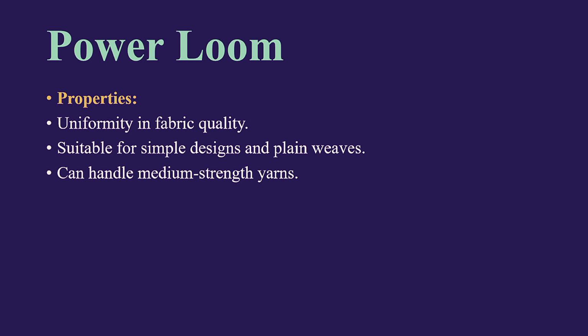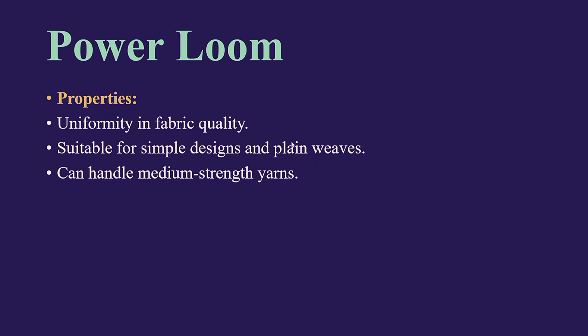Properties: when we discuss the properties, uniformity in fabric quality is the prime property of power looms, and these are suitable for simple designs and plain weaves, plain 1 by 1, 2 by 2.